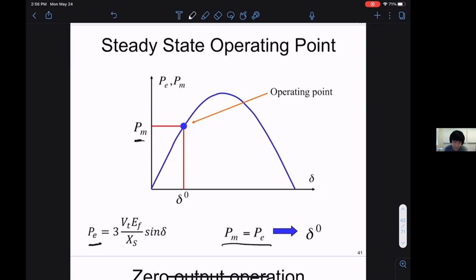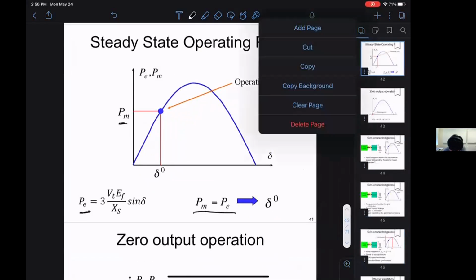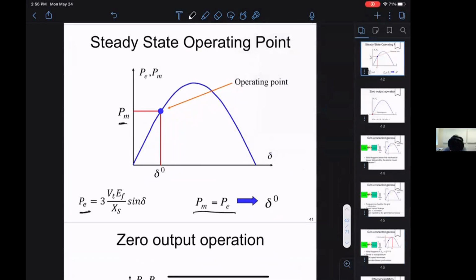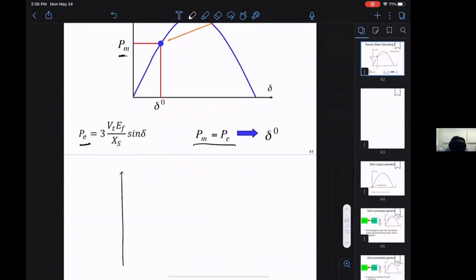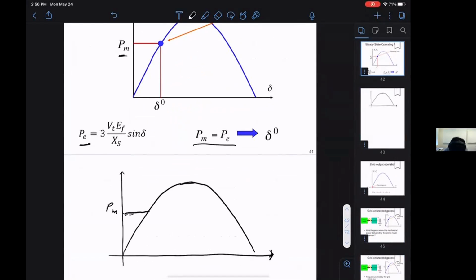Now let's look at what happens when I change things a little bit. Remember, this is my curve, and I'm at this point, PM, delta zero.